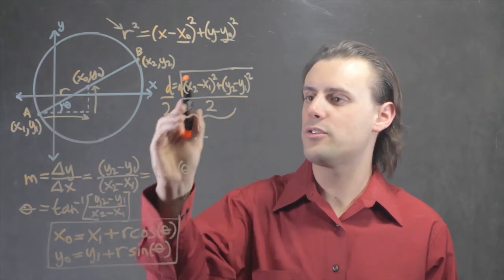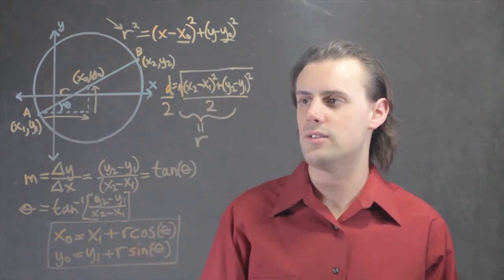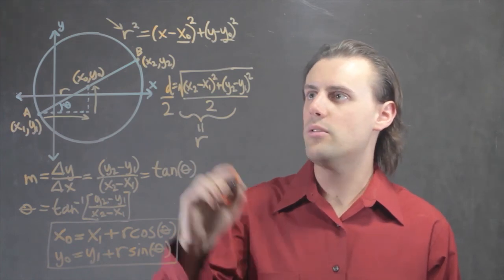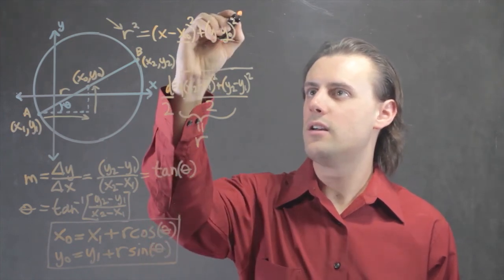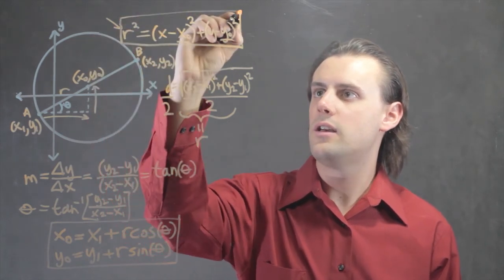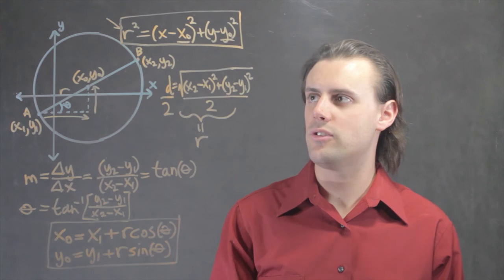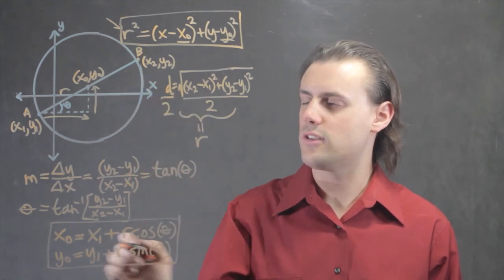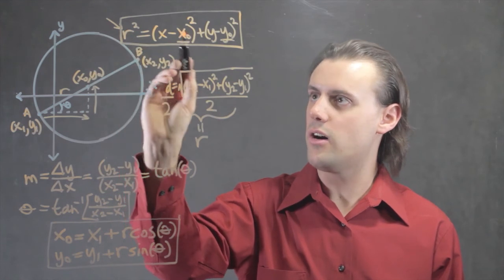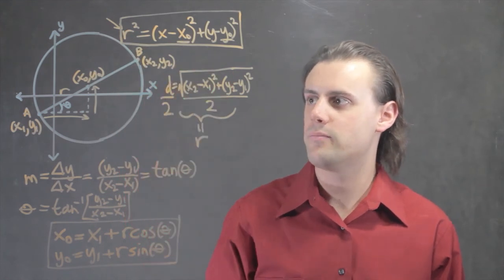And I have an expression for the radius, which is the distance formula divided by 2. So, since I have everything, I simply write down the standard form here, and I can substitute these expressions in place of r, x naught, and y naught.